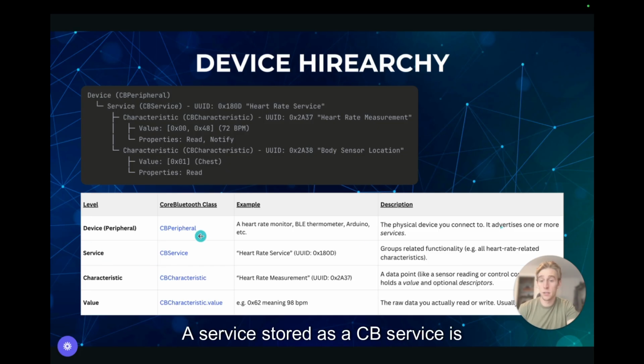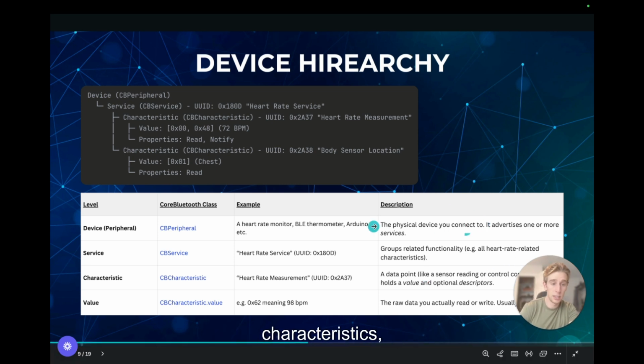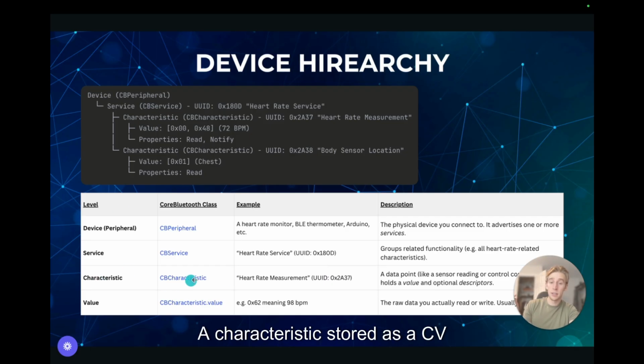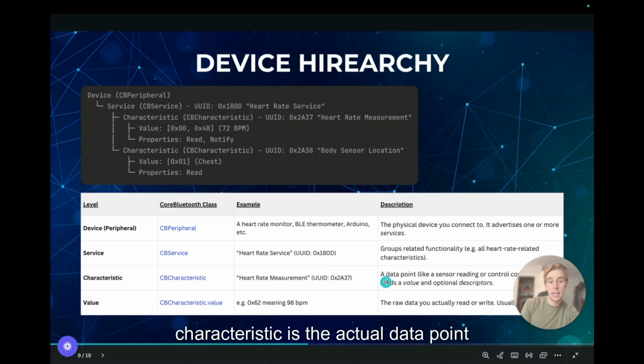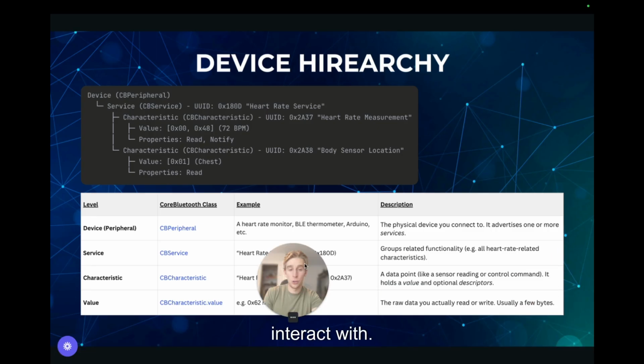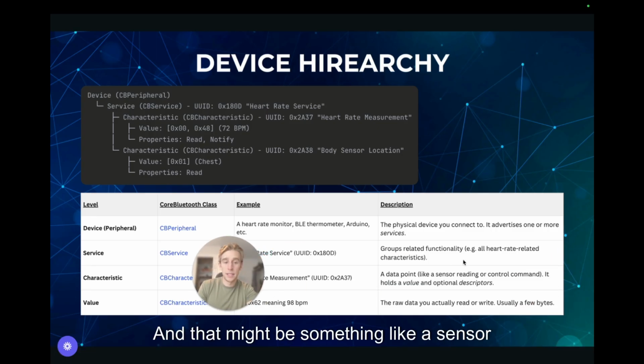A service, stored as a CBService, is essentially a group of related functions, such as all heart rate related characteristics, maybe on like an Apple Watch, so on and so forth. A characteristic, stored as a CBCharacteristic, is the actual data point that you are trying to interact with, and that might be something like a sensor reading or a control command.